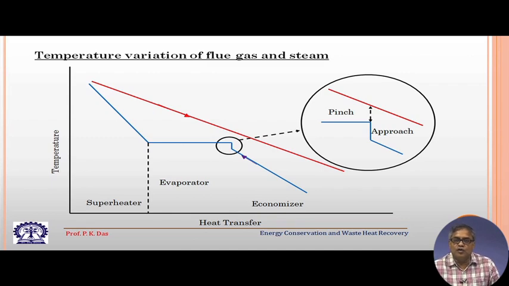These are the values which are followed for pinch and approach in HRSG design. But when we do this, keeping in mind the operation of the equipment, obviously we are losing something, that the total waste heat is not recovered to its full potential.